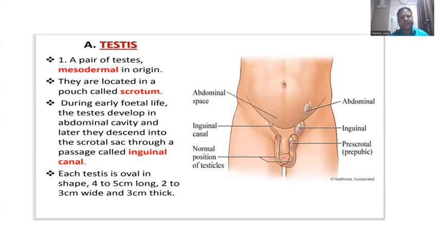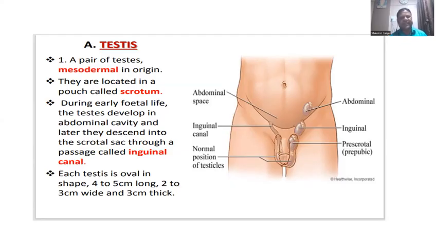That's why nature has made this kind of arrangement. Testes are generally at the 7th month of male babies in the uterus of the mother, they descend down into the scrotal sac from the abdominal cavity. So here the scrotum acts as a thermoregulator for development of sperm.